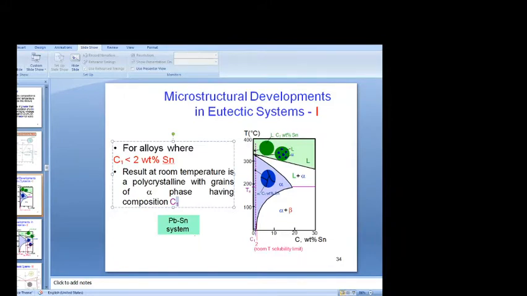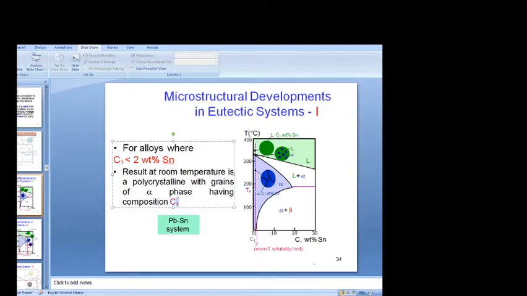The phase diagram contains the lead rich alloy, between 0 and 2% of Sn for the alpha solid phase, and also approximately 99 weight percent of Sn, pure tin, for the beta phase. So this composition is in these directions.